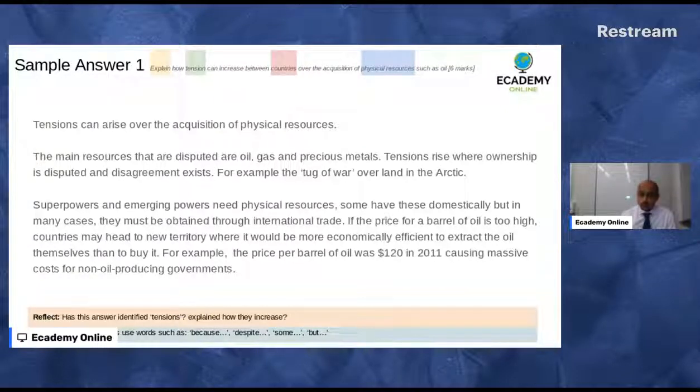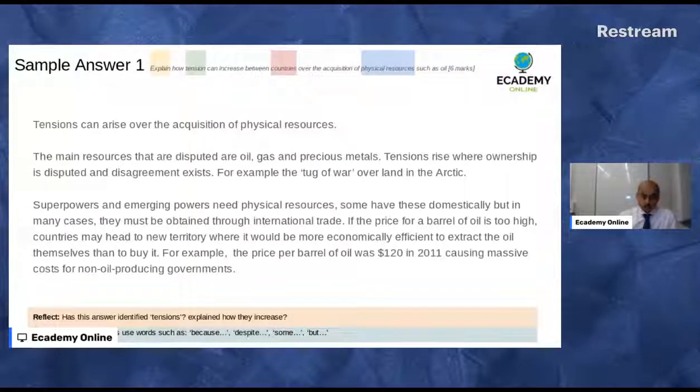Tug of war, great use of terminology there. However, it just needed an example added at the end. So for example, it could have said, such as Canada and Russia having a disagreement over how far their landmass extends into the Arctic, right? So that would have just been a perfect paragraph to end that point.